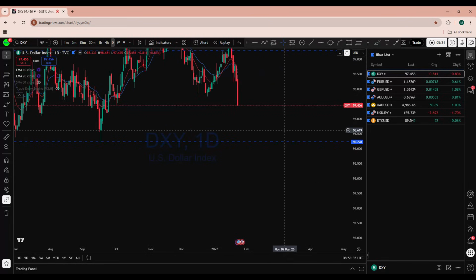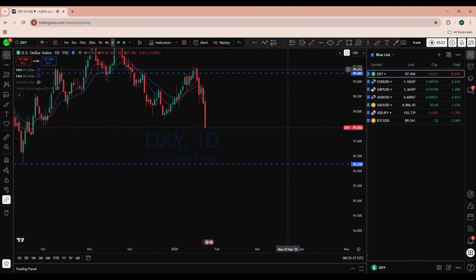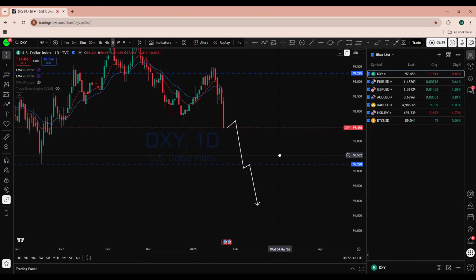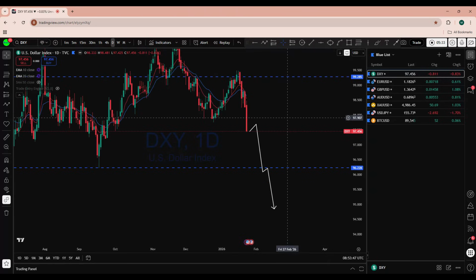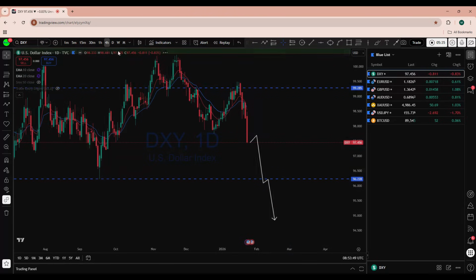We could see the price eventually continue to drop and create a new lower low in this market. Therefore, there is a higher possibility for DXY to trend back down.